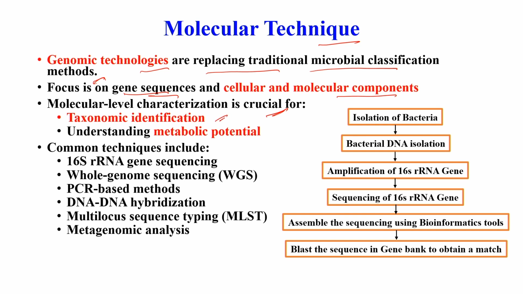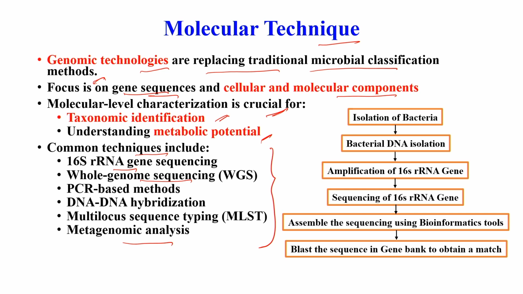For example, taxonomic identification and understanding their metabolic profile. So, for this there are common techniques like 16S rRNA, whole genome sequencing, metagenomic analysis, so on and so forth. So, in this way one first identifies this genetic sequence and based on that we identify the microbial strains.